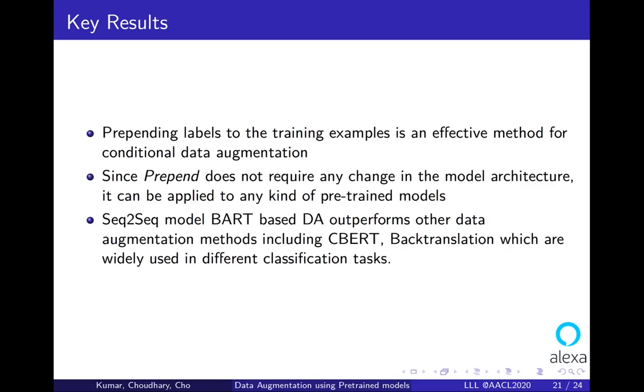For example, one can pick a model from the Hugging Face transformers package and apply this data augmentation method to it. We also observed that the sequence-to-sequence BART model outperforms other methods in terms of classification accuracy in the low data regime.